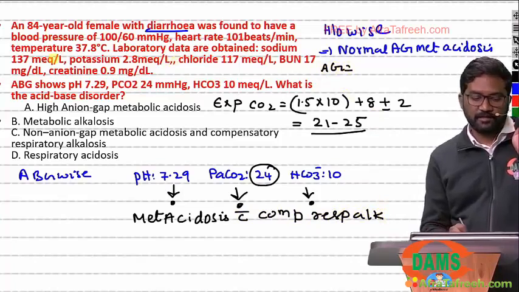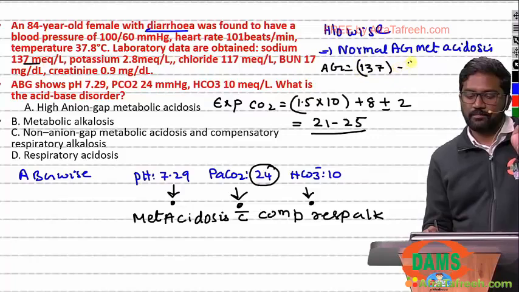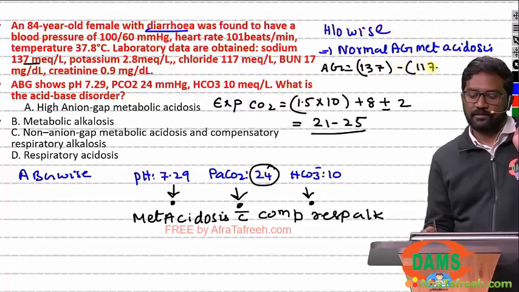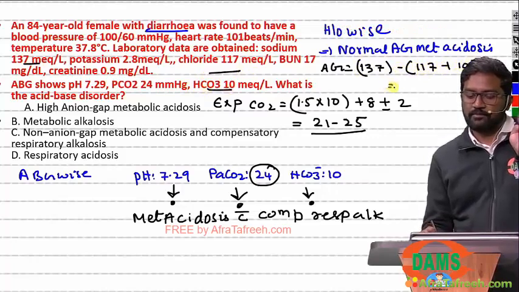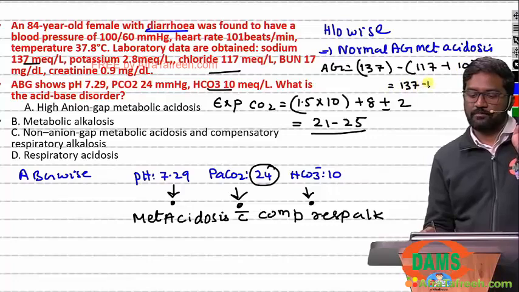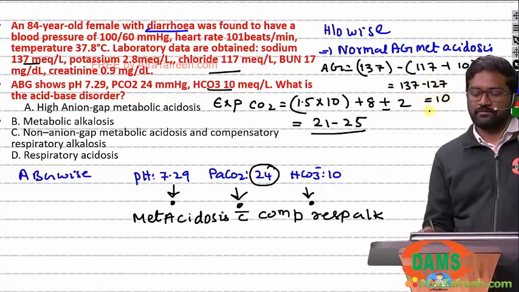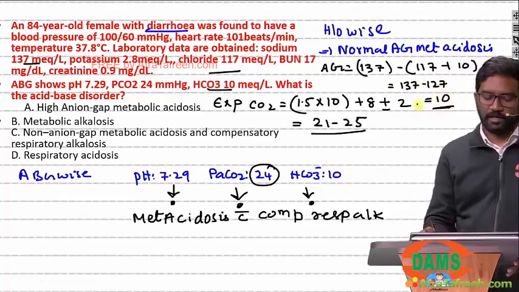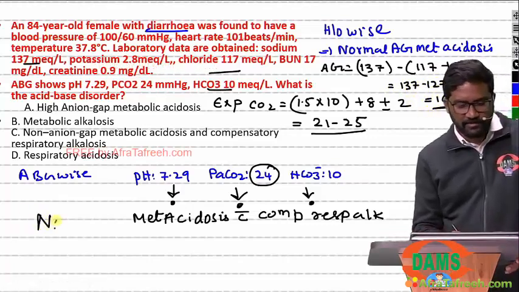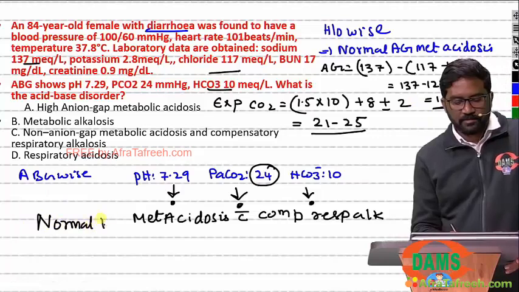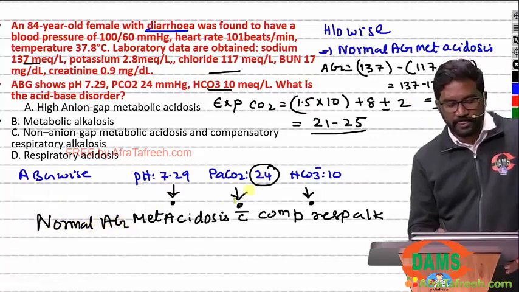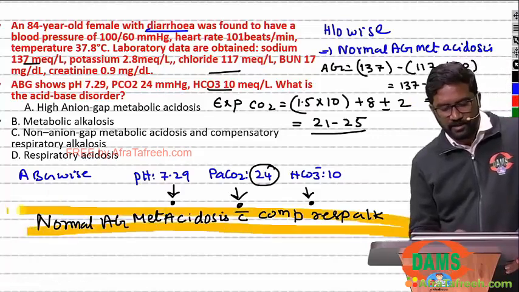How much is the sodium? 137, minus how much is chloride? 117. How much is bicarbonate? 10. So it will be 137 minus 127. It is 10.